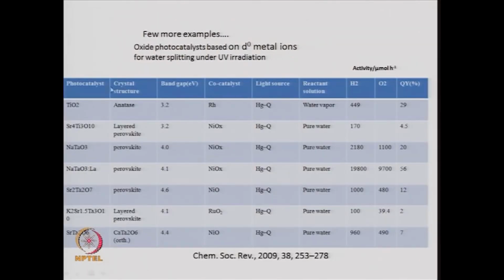So, these are some of the examples of oxide photocatalysts based on d0 metal ions. You can see titanium anatase, and a very good photocatalyst, lanthanum doped sodium tantalate, where you have TaO6 octahedra, and these are linear and show very high efficiency.